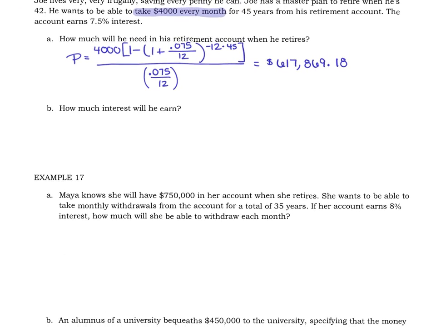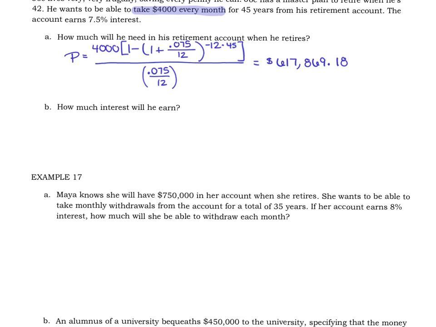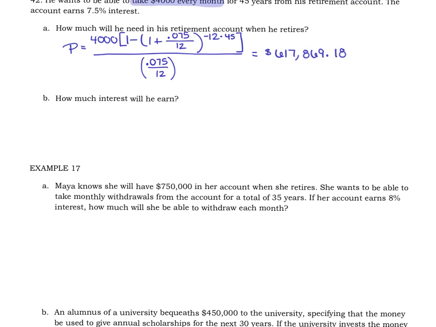Now, assuming he does that, how much interest is it that he's going to earn? Now remember, this is a little different because he's going to withdraw more than that $617,000. He's going to withdraw $4,000 every month for a total of 45 years. Okay, that's a lot of money that he's going to withdraw.